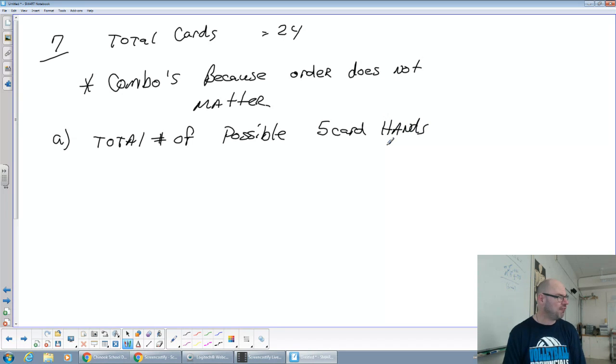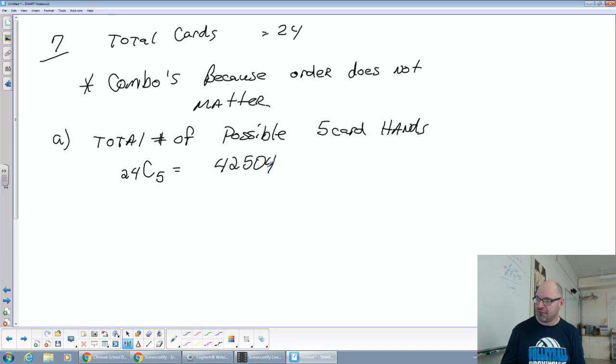How many 5-card hands can be dealt out of 24 cards? So that's 24C5. I'm just going to do that one on the calculator. 24C5 is 42,504. So this is the total number of possible hands you can get, all the different combinations of cards.